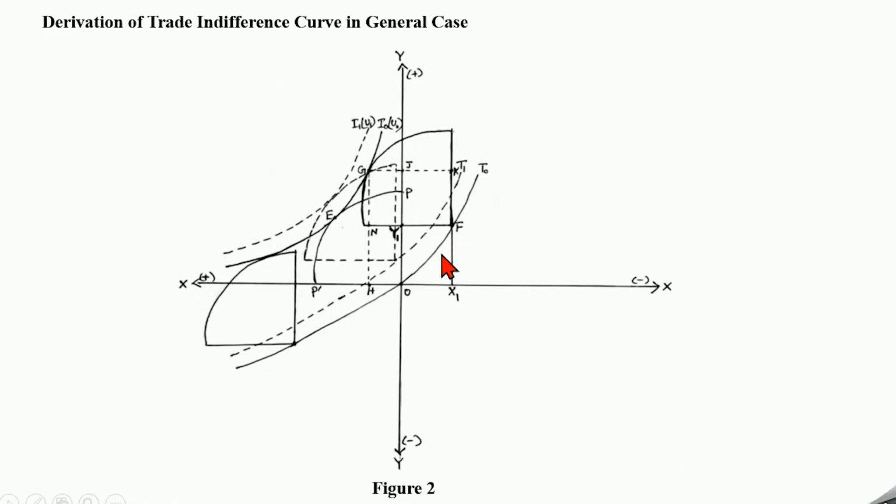In this diagram, we can say that the T0 trade indifference curve represents the social welfare level of the I0 community indifference curve, as we have drawn T0 corresponding to I0. Similarly, the T1 trade indifference curve represents the welfare level of the I1 community indifference curve, as we have drawn T1 corresponding to I1.